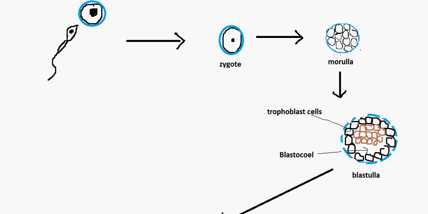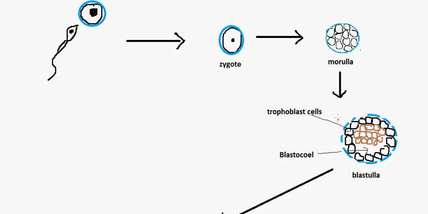The process from morula to blastula is called blastulation. Here the first layer of cells differentiate, so we get the first outer layer of trophoblast cells. These trophoblast cells are responsible for forming the placenta in any organism. The placenta helps in nourishing the growing embryo and is a very important structure for its growth.